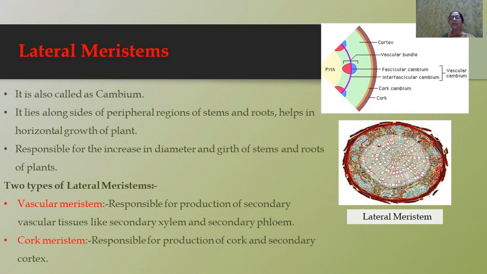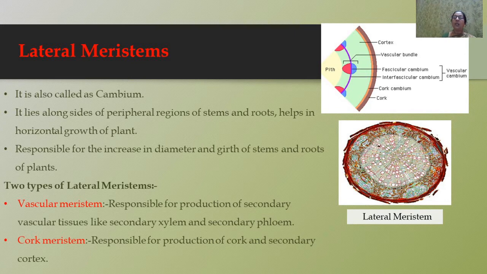That is nothing but the increase in the girth of the plant body, which is totally carried out by the lateral meristem, or cambium. These meristems are responsible for increasing the diameter or girth of that particular stem or root of the plant body.